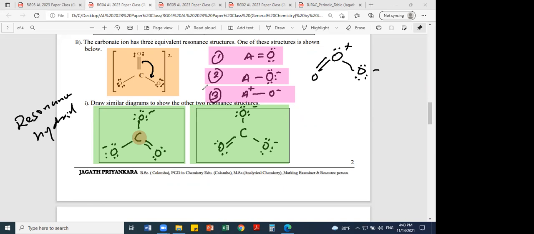In most A-level past papers, structure is question number 1. They ask to draw the most acceptable Lewis structure and resonance structures, bond angle and all, but not the resonance hybrid. But anyway, if they give the hybrid, then you should know how to do it. Okay, I'll erase this and let's move to the next part.